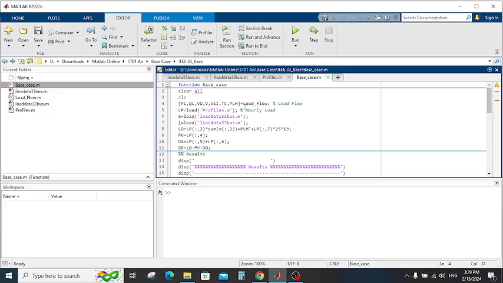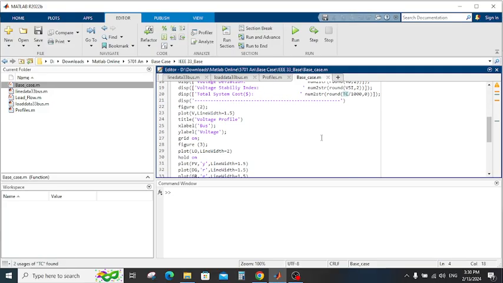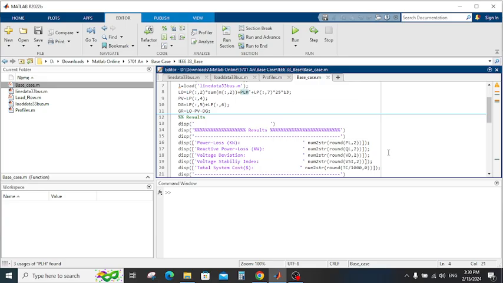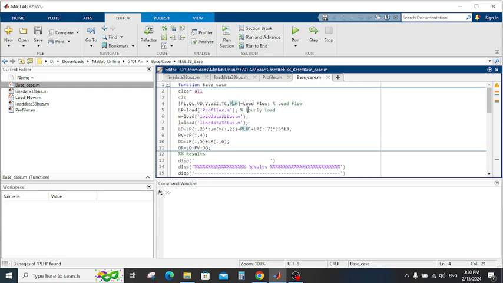That load flow program will output the power loss, reactive power loss, voltage deviation, the voltage profile, voltage stability index, the total system cost, and the PLH. It is the power loss during the hour, that means the 24-hour power loss.